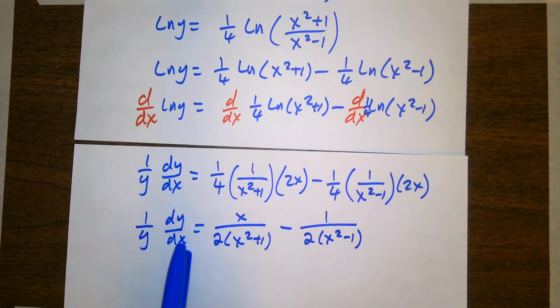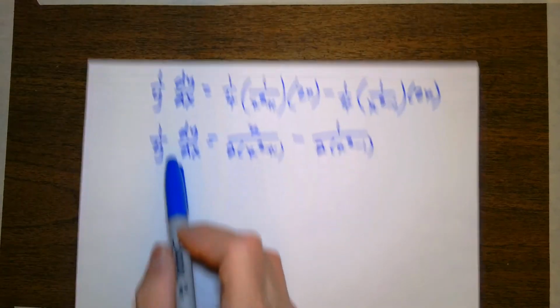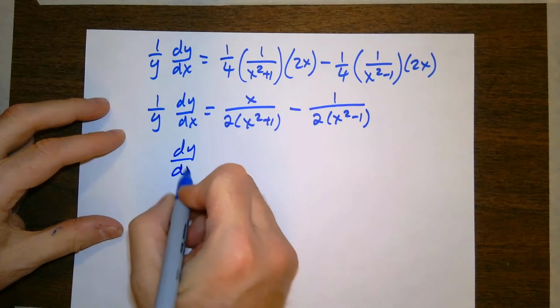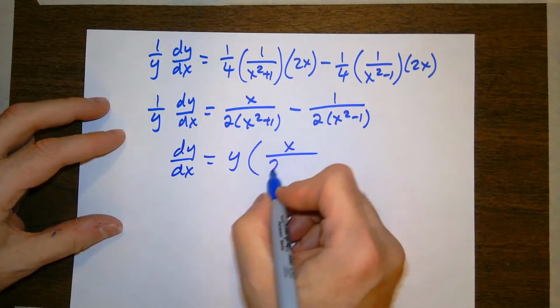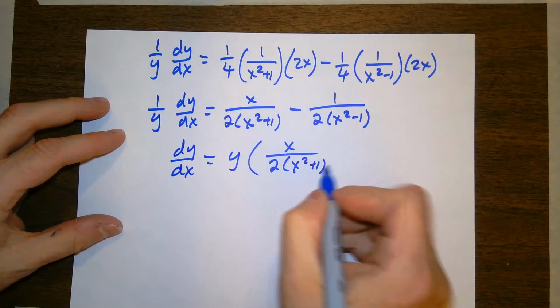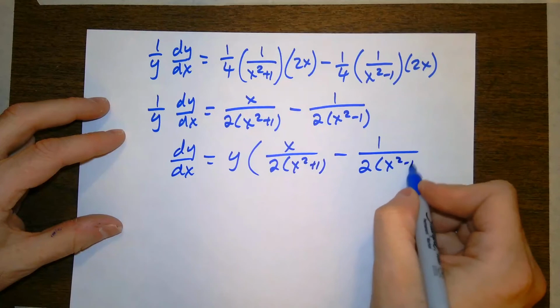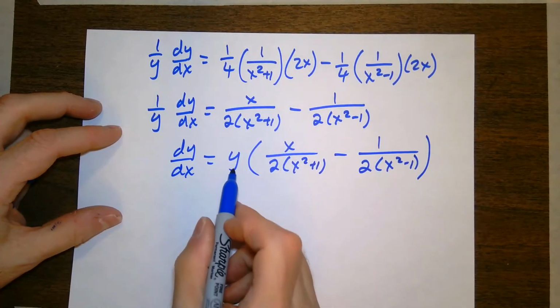Solve for dy dx. How do I do that? Multiply both sides by y. If I multiply both sides by y, I get dy dx equals y times x over 2 times x squared plus 1 minus 1 over 2 times x squared minus 1. But again, y. What is y?